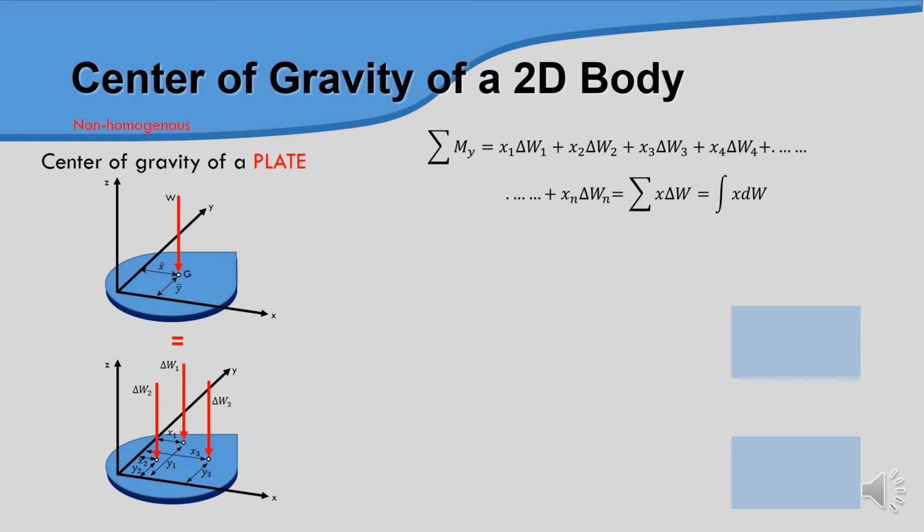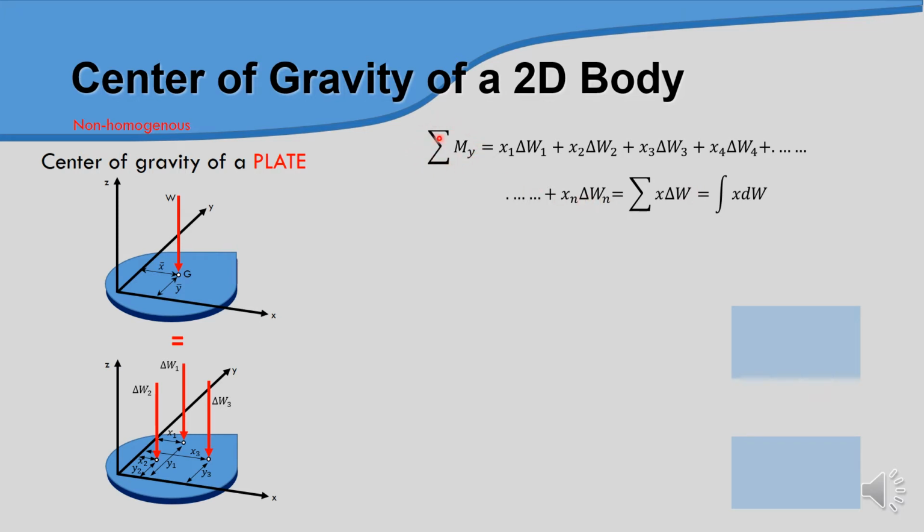Finally we will sum everything together and have something like this: the summation of x delta W, in terms of the moment about the y axis.